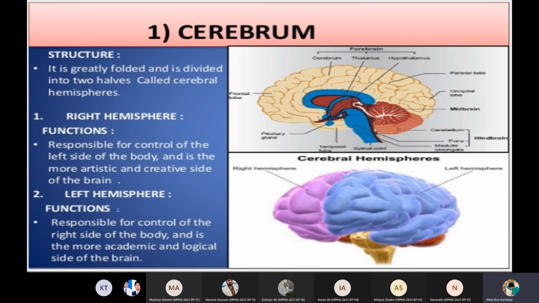The right hemisphere is responsible for the control of the left side of the body and is the more artistic and creative side of the brain. Whereas the left hemisphere is responsible for the control of the right side of the body and is the more academic and logical side of the brain.